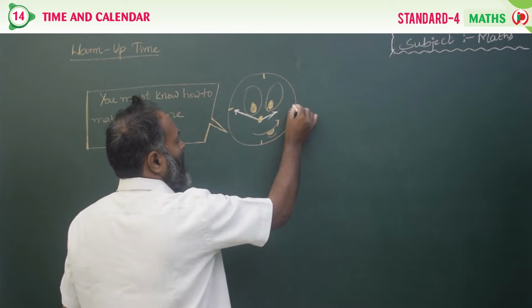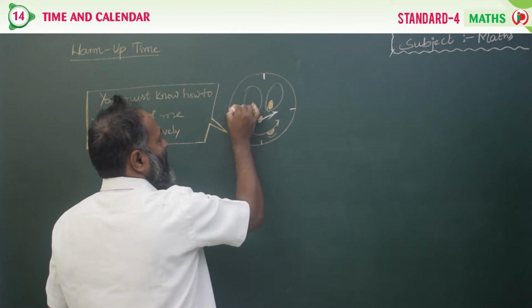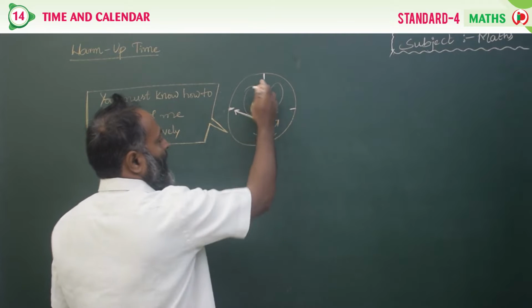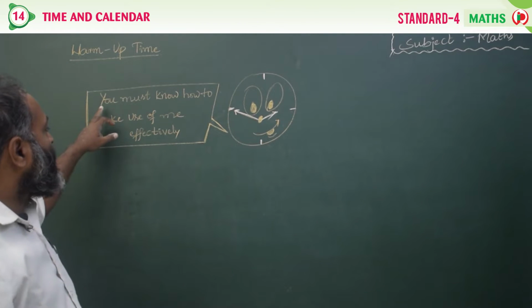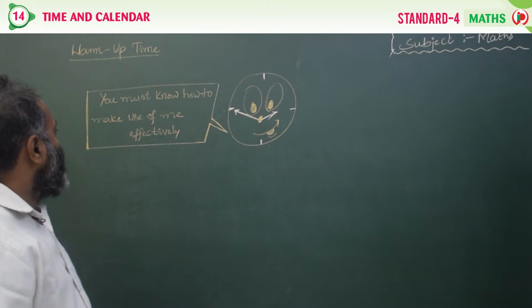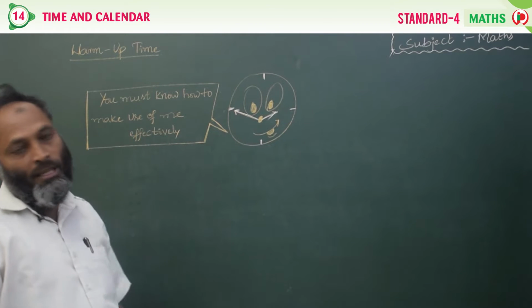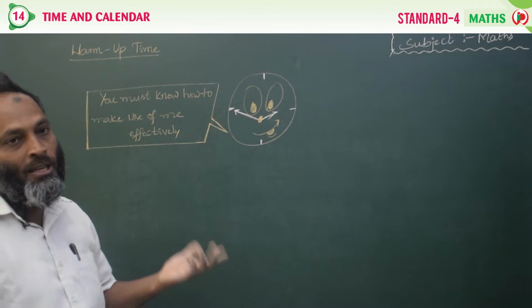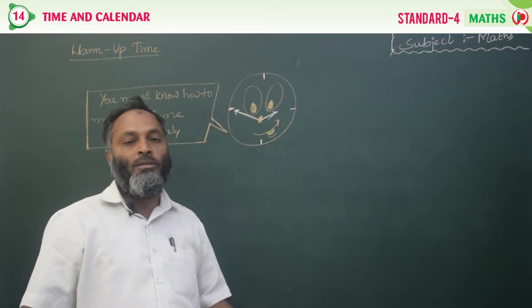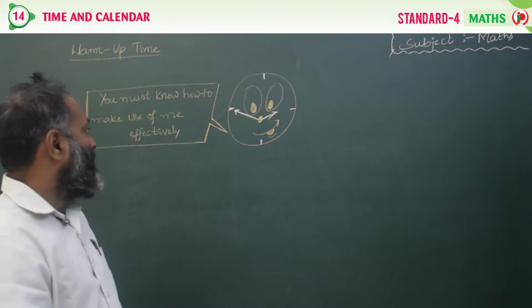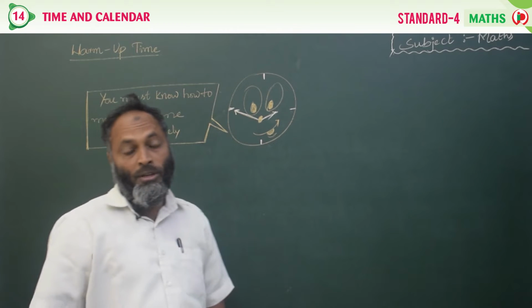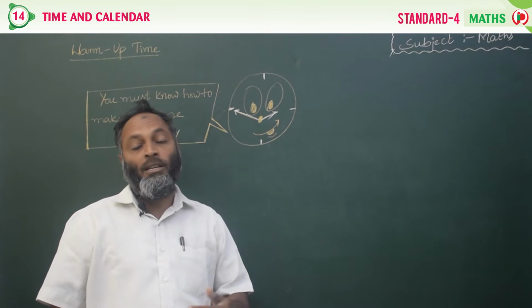These are the hours: 12, 3, 6 and 9. Here he is saying you must know how to use a clock effectively to say the time.